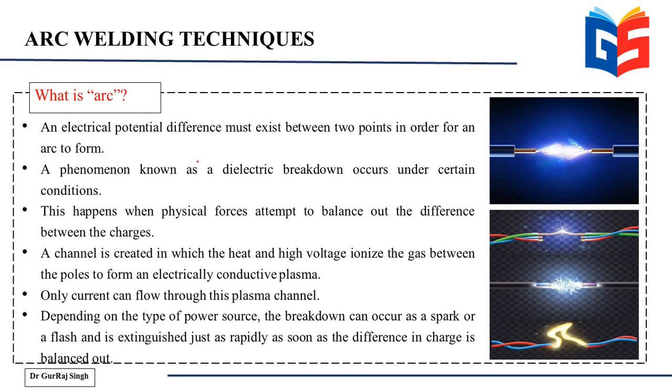So an electric potential difference must exist between 2 points for an arc to form. This is the first requirement for arc welding. Now this phenomenon that I was talking about, where the electrons make their way through an insulated path, which is usually a gap of air, is called dielectric breakdown.